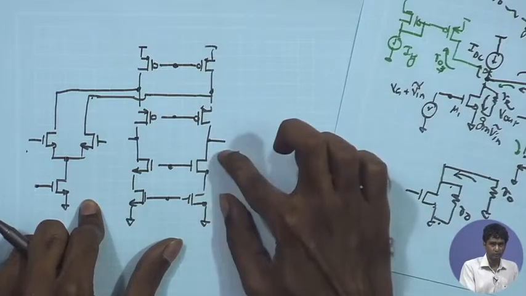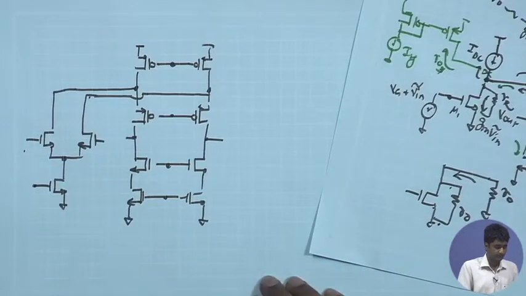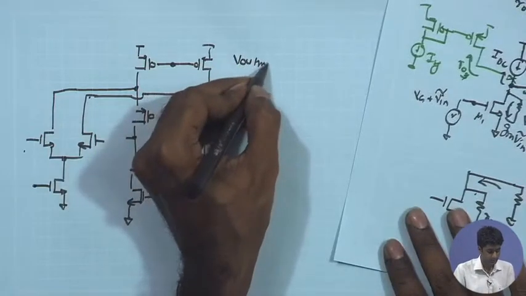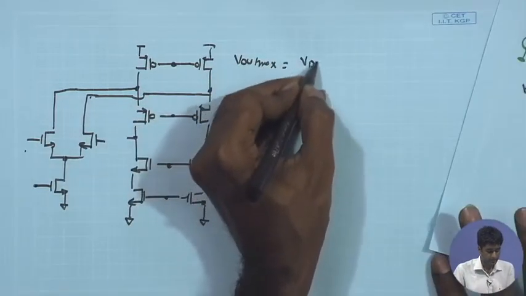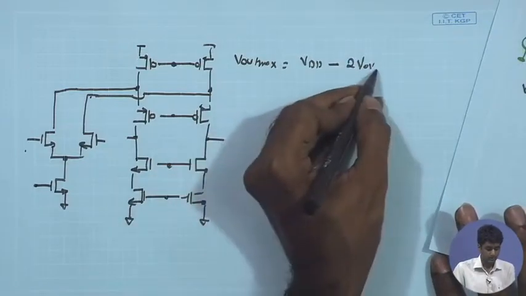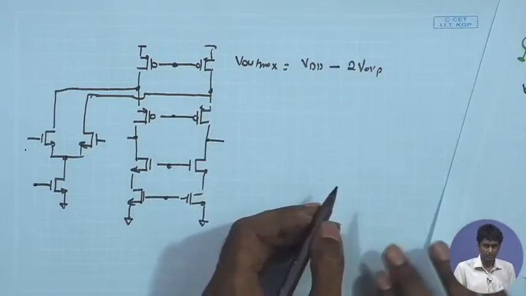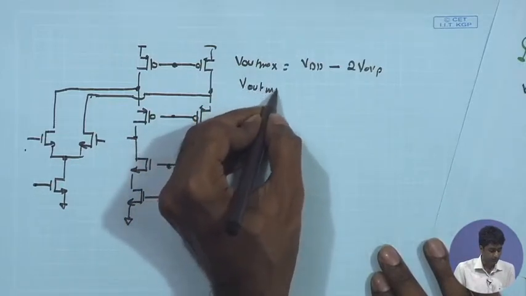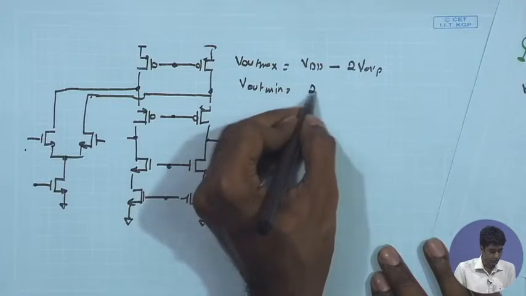Lower side you can have 2V overdrive, and therefore V out max is VDD minus 2V overdrive. You can call it V overdrive P, assuming it to be close to V overdrive of N also, and V out min is 2V overdrive.